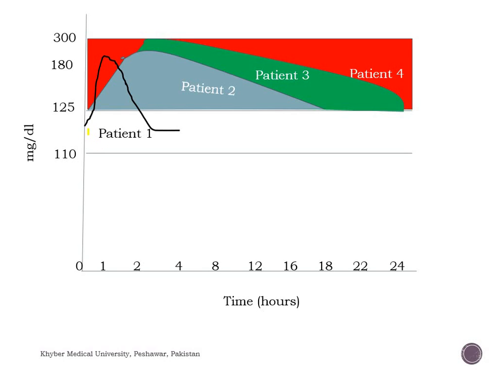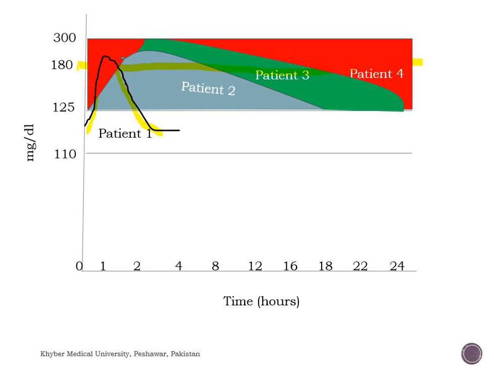Regarding patient 1, once the patient takes food, the blood glucose shoots up, and it follows this pathway. A technical point to remember is that the kidney threshold is 180 milligram per deciliter.